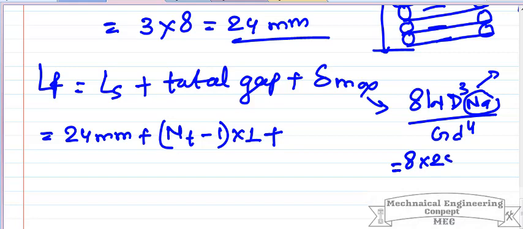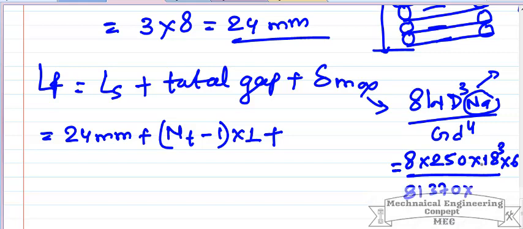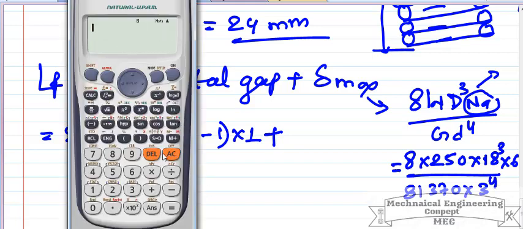Okay, here W is known to us as 250, capital D is 18 cube, Na is 6, divided by 81370, and small d is known to us as 3 to power 4. So 8 into 250 into 18 cube into 6 divided by 81370 into 3 to power of 4.